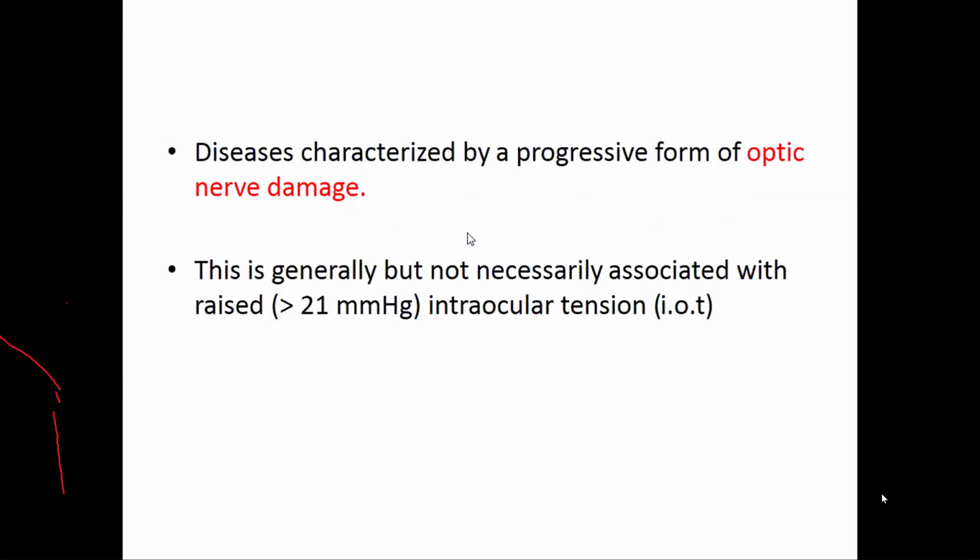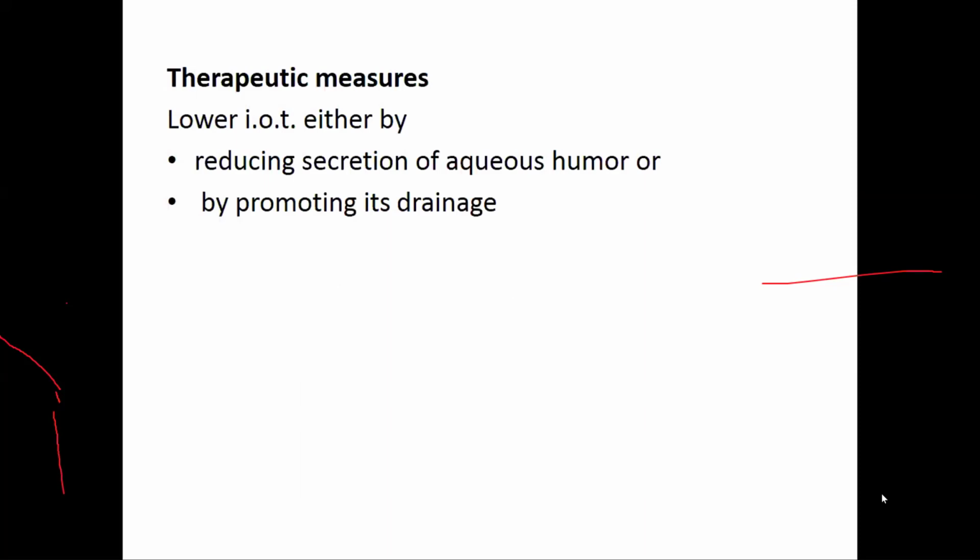Increased aqueous humor accumulation will lead to increased intraocular pressure, but there may or may not be an increase in intraocular pressure; there will always be increased aqueous humor production or decreased drainage.